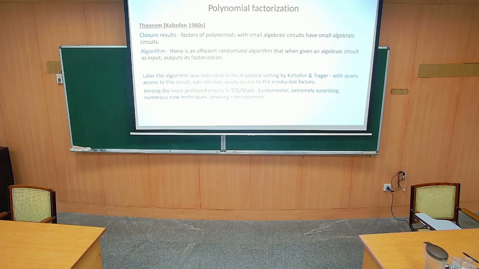These papers invented multiple new techniques, which continue to be useful for problems of interest even today. And there are some amazing consequences to other questions. I will come to consequences. It also helped settle some debates, dinner table debates at least, about what the right model for computing polynomials is.